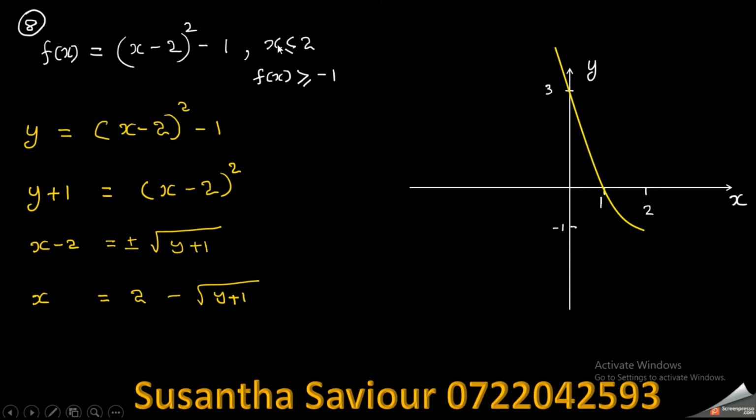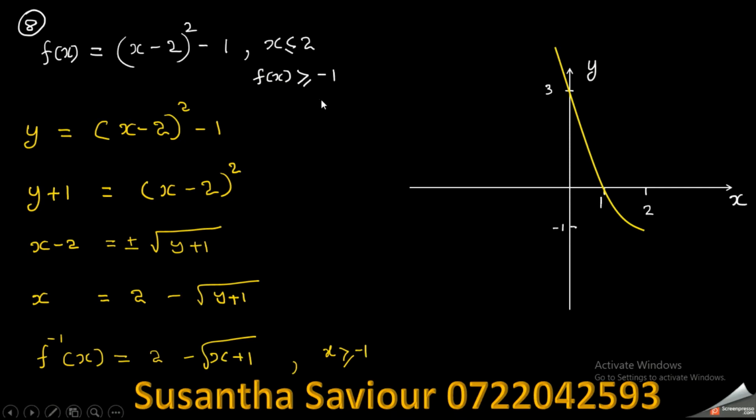But it should be less than, therefore we have to discard the positive and go ahead with the negative. Therefore our inverse function will be f inverse of x equals 2 minus the square root of x plus 1, where x is greater than or equal to minus 1. This is actually this range, right?